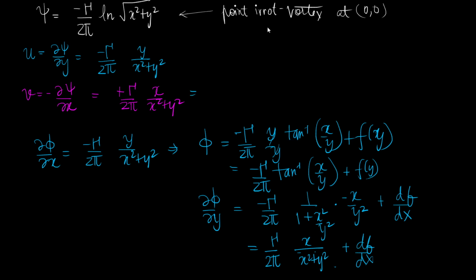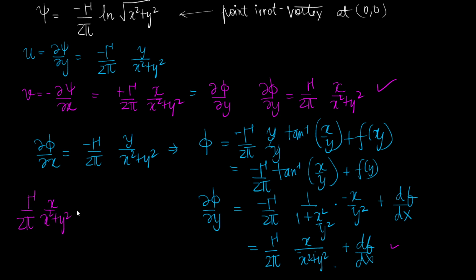But from this expression, we have v, which is essentially del phi del y. So del phi del y is gamma upon 2 pi x upon x square plus y square. So when we equate this expression and this expression, we obtain gamma upon 2 pi x upon x square plus y square is equal to gamma upon 2 pi x upon x square plus y square plus df dy.